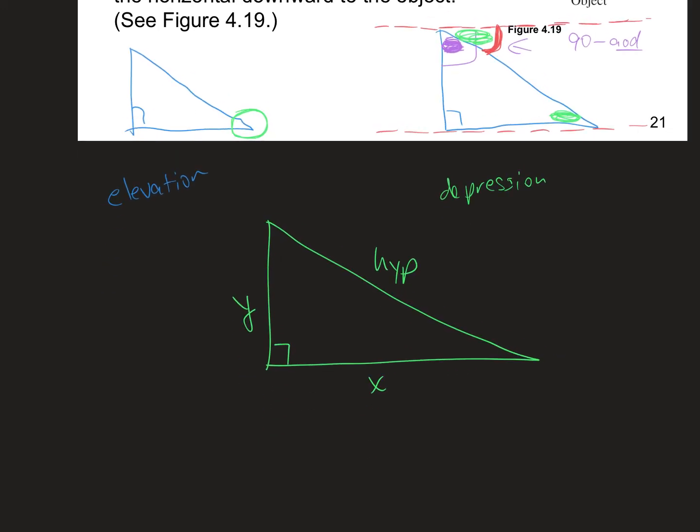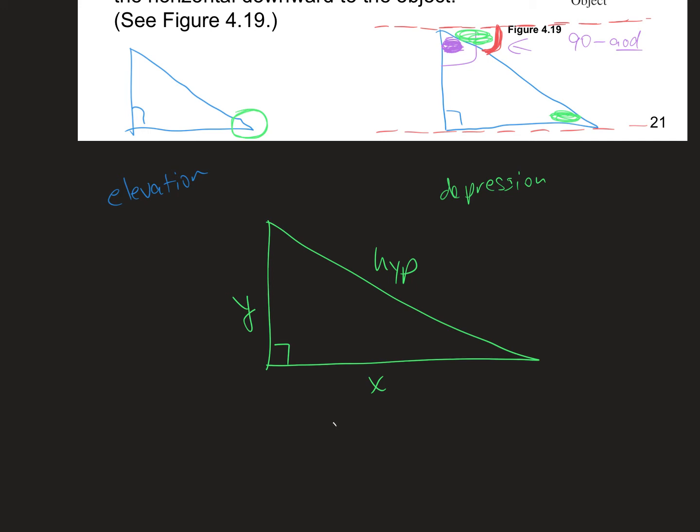So they're going to give you angle of elevation, angle of depression, whatever. And they're going to say, how far is the distance from the base of the tree to where the surveyor is standing? What are they talking about when they say how far away from? The X value, the Y value, the hypotenuse. If I want to know how far away something is from the base of a tree, from the base of whatever, tell me.